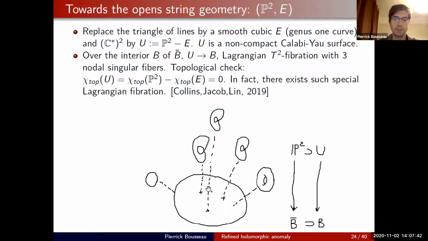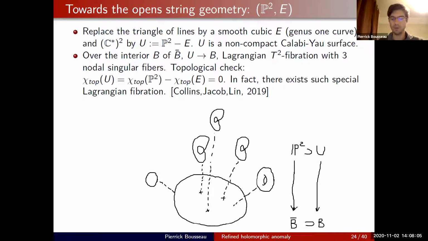And so now what is above the interior is what I call U. It's a complement of a smooth elliptic curve in the projective plane. And it's a non-compact Calabi-Yau surface. So if you take P2 and remove a triangle of lines, you get C star squared, which is a non-compact Calabi-Yau.